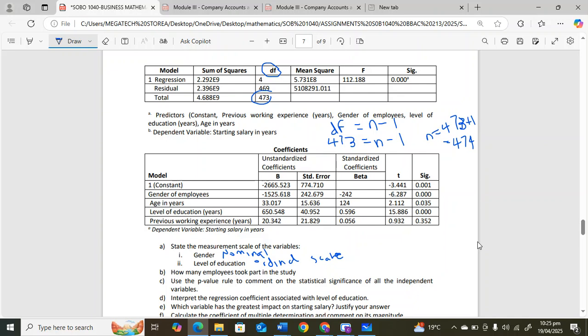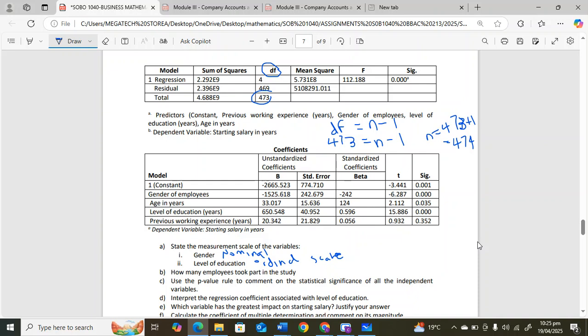Any questions? The one which I'm subtracting from is, whenever you're getting degree of freedom for any test, this degree of freedom is the sample size minus 1.